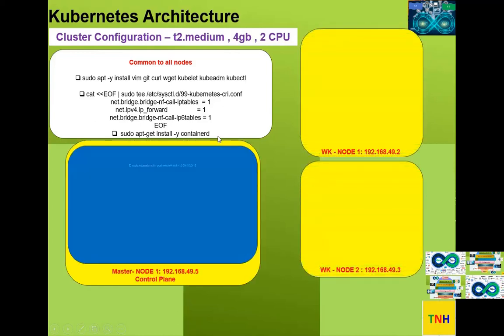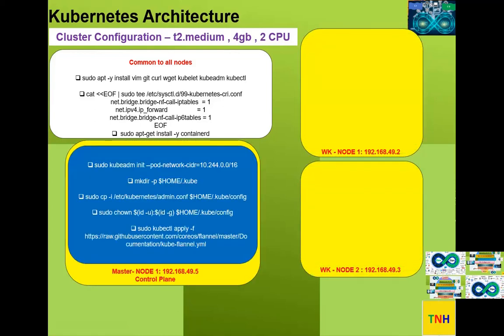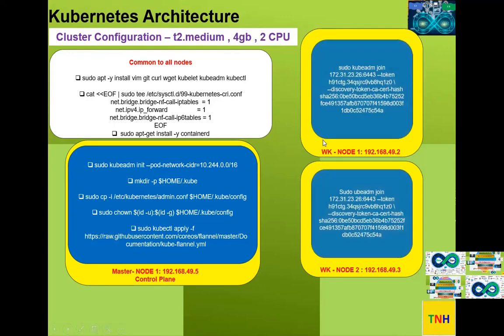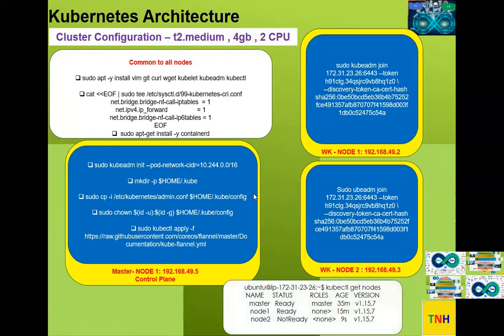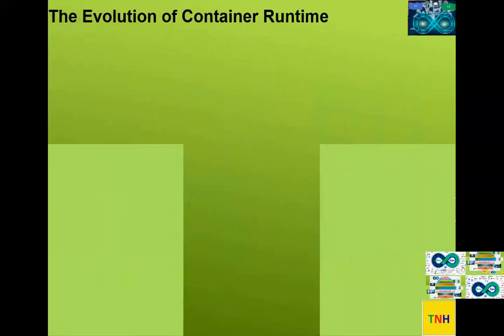These are the same steps to initiate the K8s cluster on the control plane, and this is just joining the worker nodes to the master node. Fine. So let's start the new stuff. New stuff means what is relevant for the current explanation and directly relevant to the Docker deprecation on the K8s cluster.